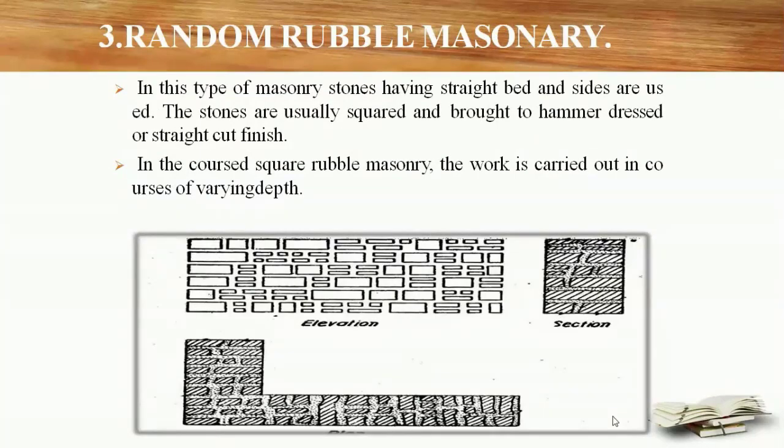In this type of masonry, stones having a straight bed and sides are used. The stones are usually squared and brought to hammer dressed or straight cut finish. It is the coursed square rubble masonry. The work is carried out in courses of a very fine depth.